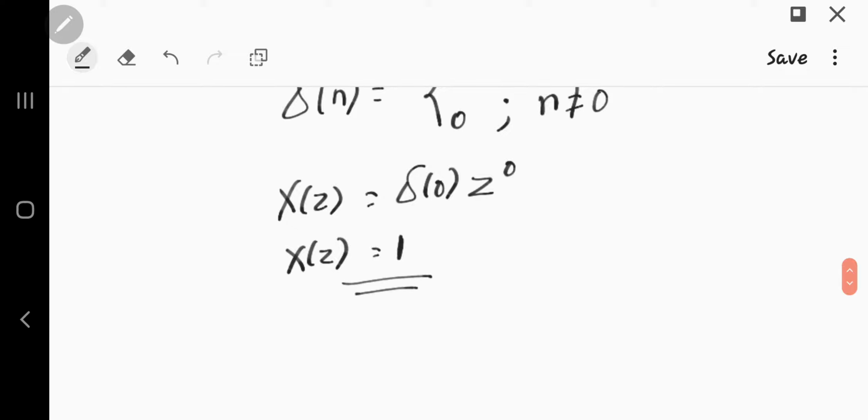Now if you go to the property, say the third one, it says if x of n is finite, then the ROC is the entire z plane except at z equal to 0 and z equal to infinity. Now this is a finite-duration signal, so the ROC is the entire z plane.